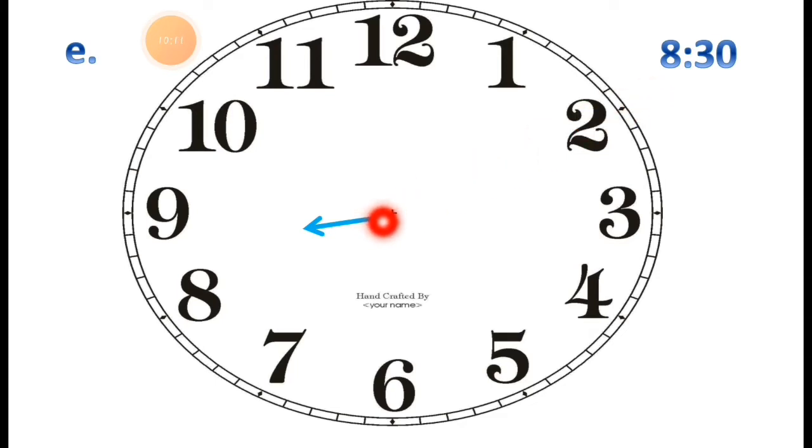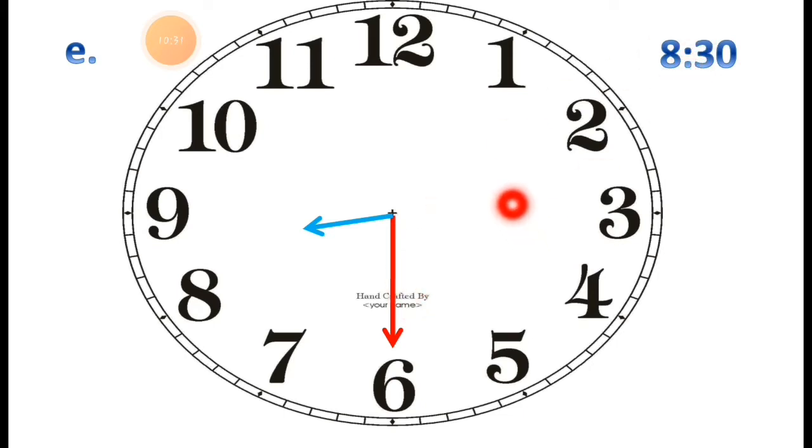Now let's draw the minute hand, which shows 30 minutes. I have to draw it pointing to 6, because at the 6th number it is 30 minutes.